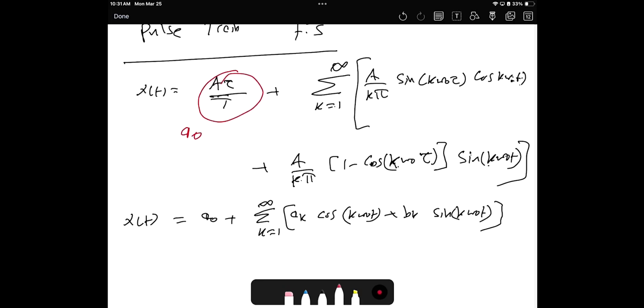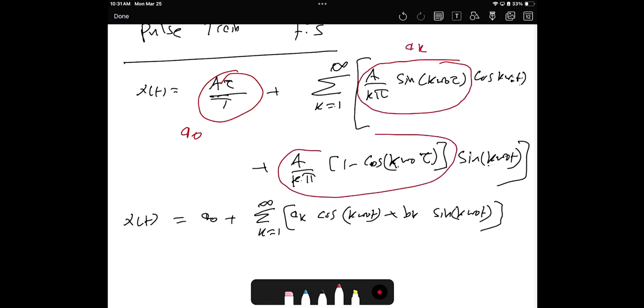This is a naught, right? This is a k. This is b k. Is this correct? Just make a comparison.